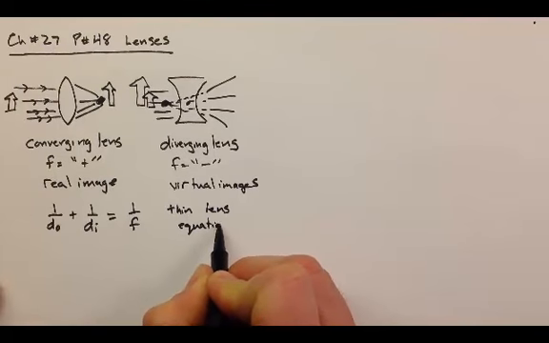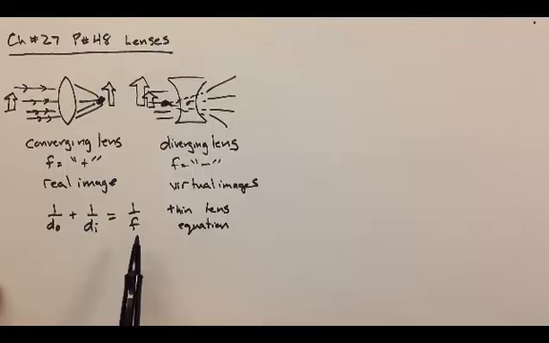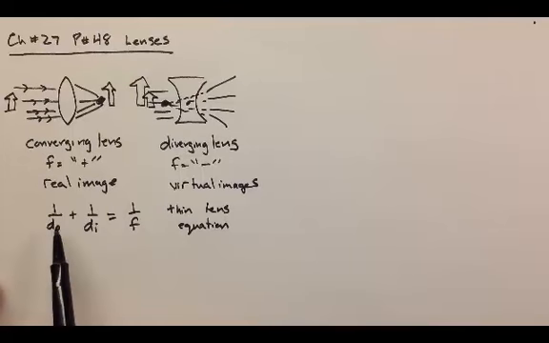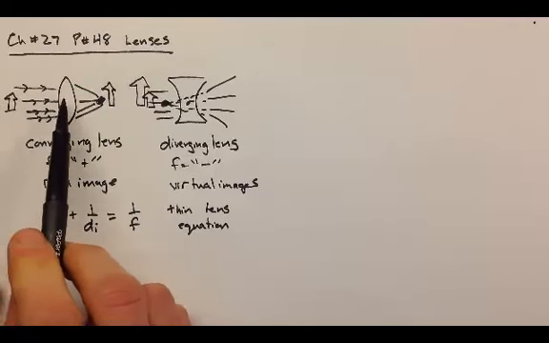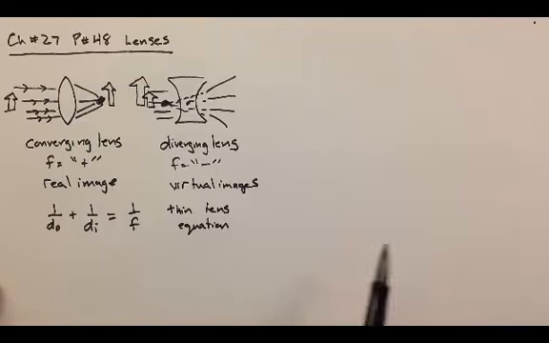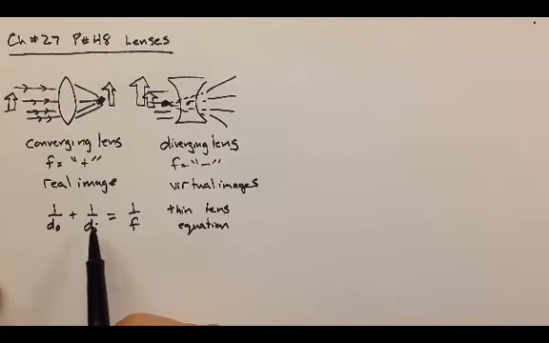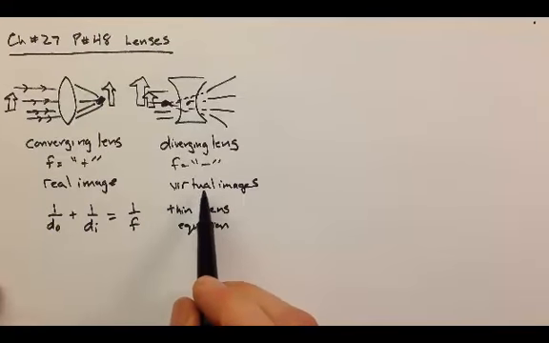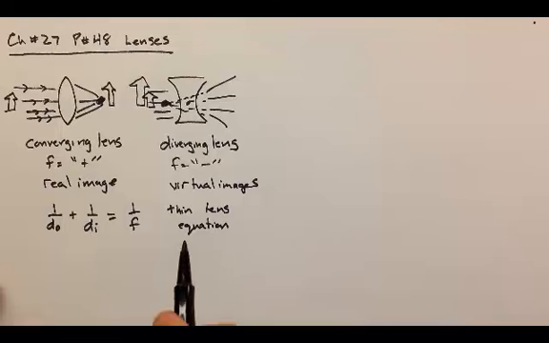Here, f would be your focal length, again positive for converging, negative for diverging. d_o would be the object distance, and d_i your image distance. Again, d_i would be positive for real images, and d_i would be negative for virtual images.